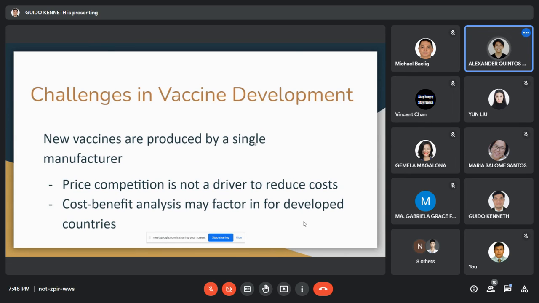There's also this problem that new vaccines are produced by a single manufacturer. Therefore, price competition is not a driver to reduce cost. And cost-benefit analysis may factor in for developed countries. An example is in the US, there is chickenpox vaccination for all children.